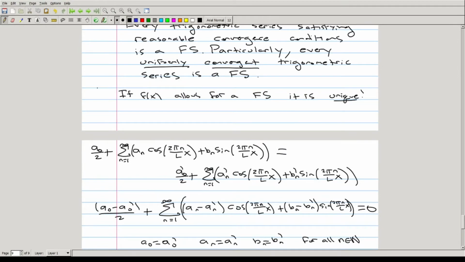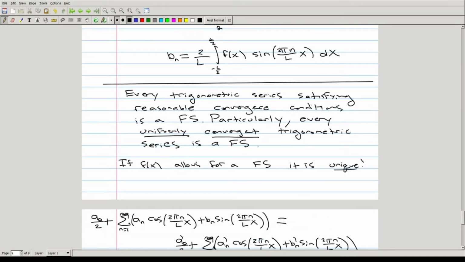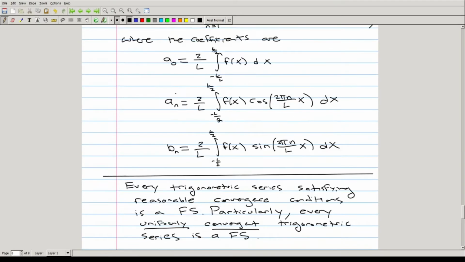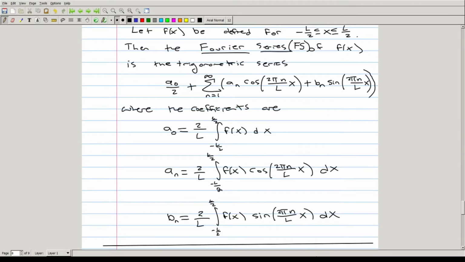We can also see that any Fourier series will be L periodic, so it has a period of L. And whenever these integrals have meaning, then we have this concept of a Fourier series for a given function f of x. So the existence of the Fourier series is really dependent on what you get for the coefficients here.